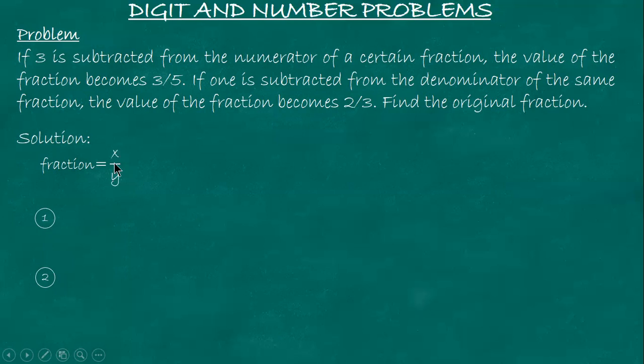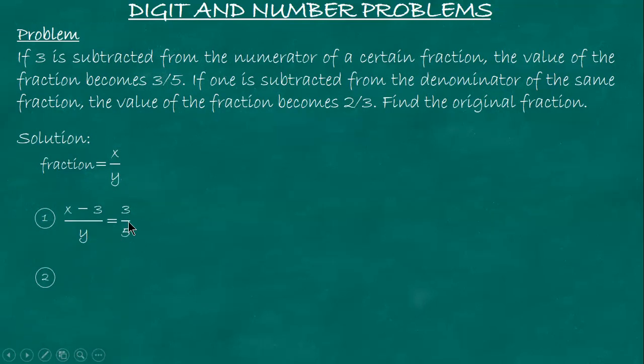So we need equations with two unknowns. For the first equation, the first sentence: if 3 is subtracted from the numerator of this fraction, the result becomes 3/5.